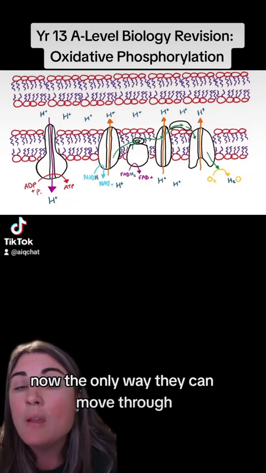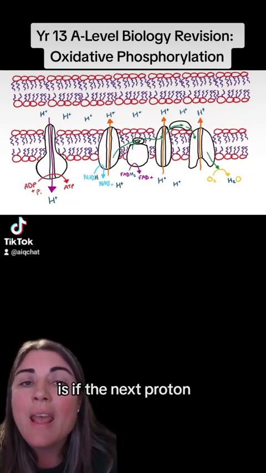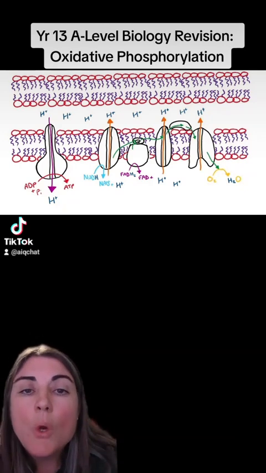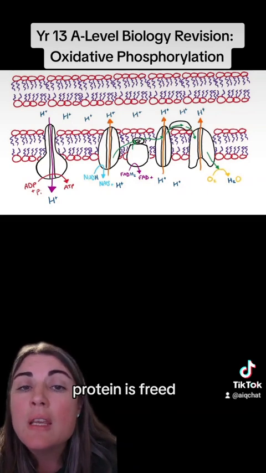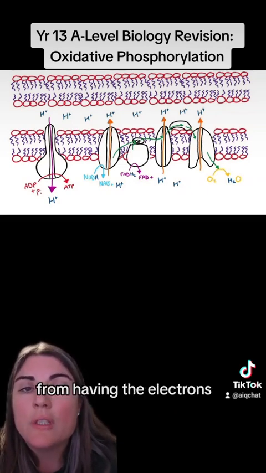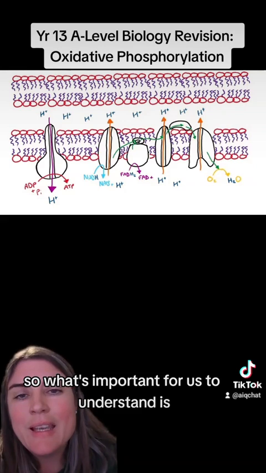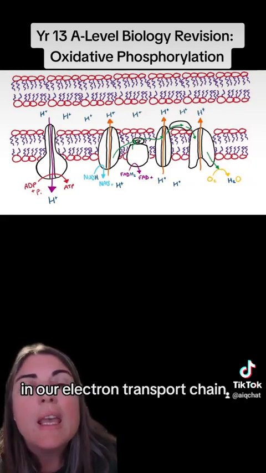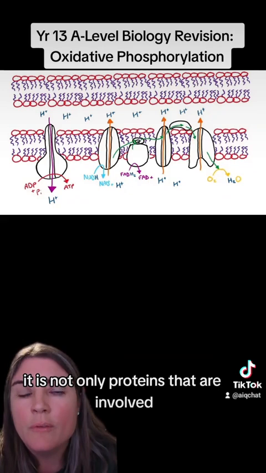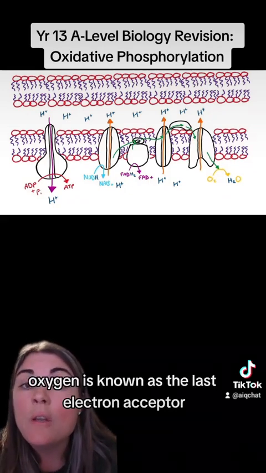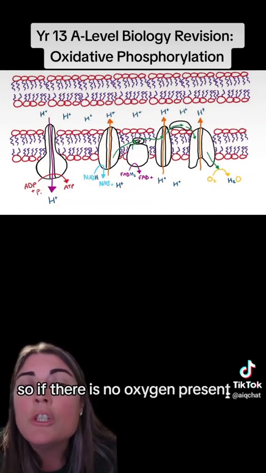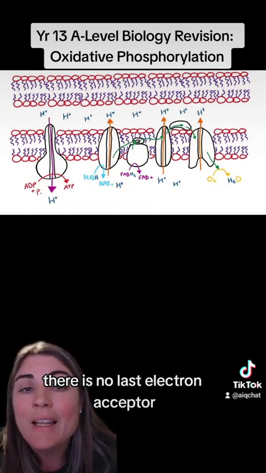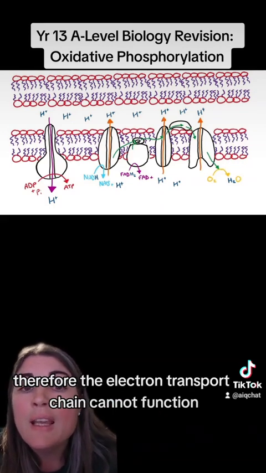Now, the only way they can move through is if the next protein is freed from having the electrons. So what's important for us to understand is in our electron transport chain, it is not only proteins that are involved. Oxygen is known as the last electron acceptor. So if there is no oxygen present, there is no last electron acceptor. Therefore, the electron transport chain cannot function.